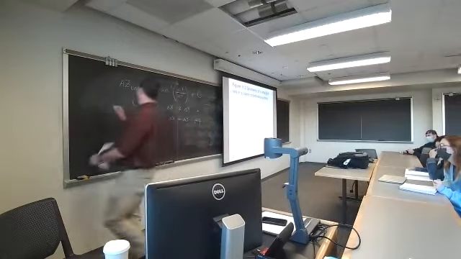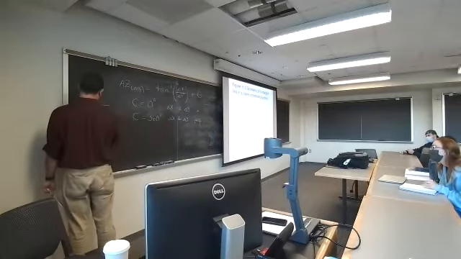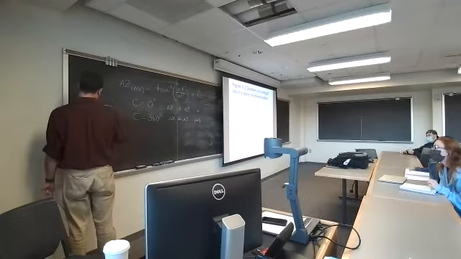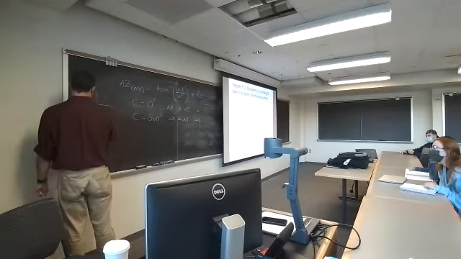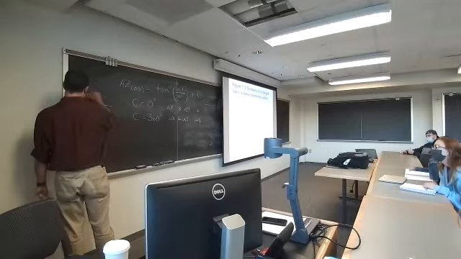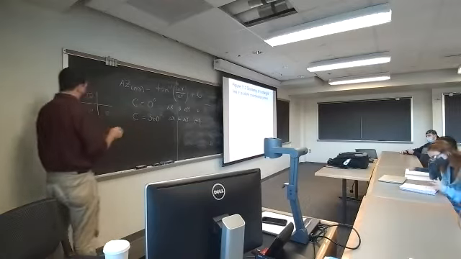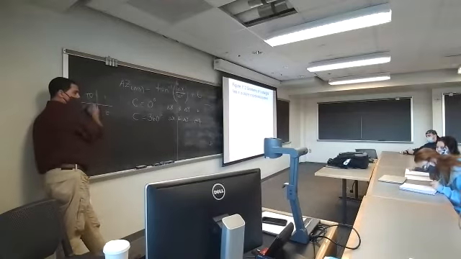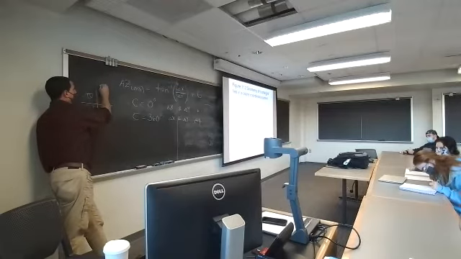So if x and y are both negative, there's only one spot where both delta x and delta y are negative, right? Just down here. So what you're doing is this is 0 and 360.